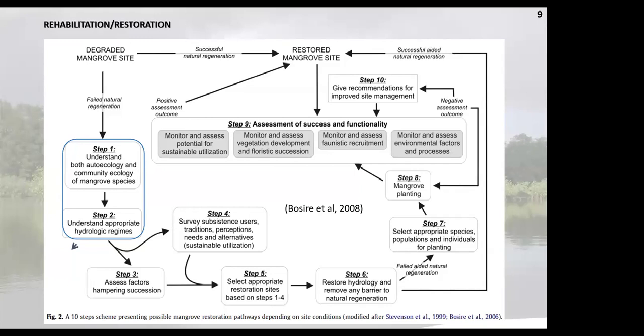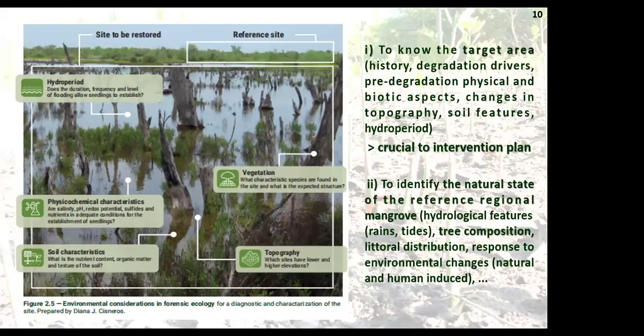This point is summarized here in step one and step two. So you need to understand the ecology of the mangrove forest and the species that compose the mangrove that you are trying to restore. And you also need to understand, and it's very important, the hydrological factors, the hydrological regime in the target area. First, you need to know the target area. You need to make, how can I say, a forensic work. Yeah, it's a forensic work.